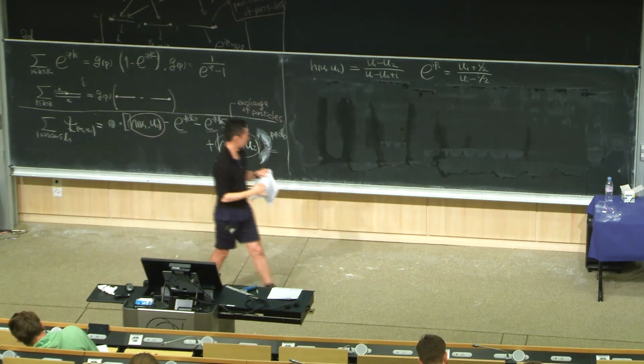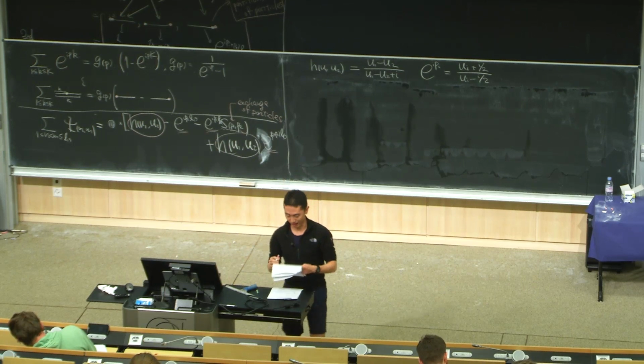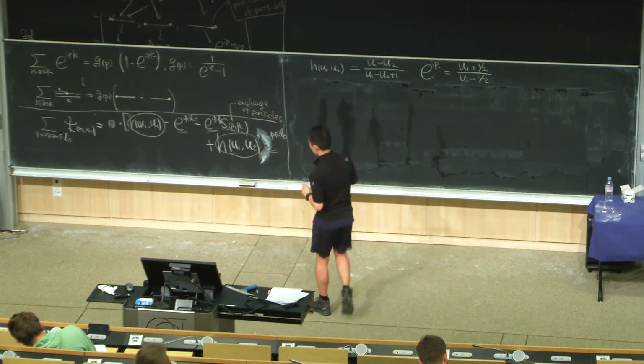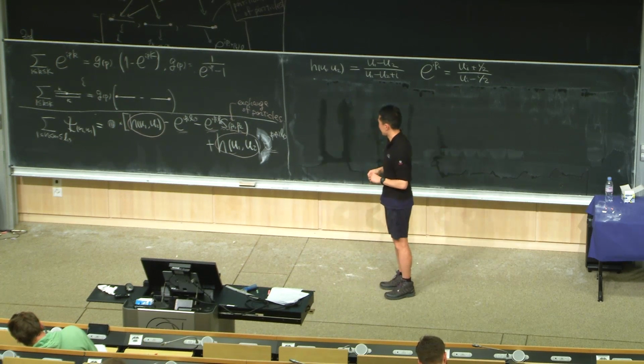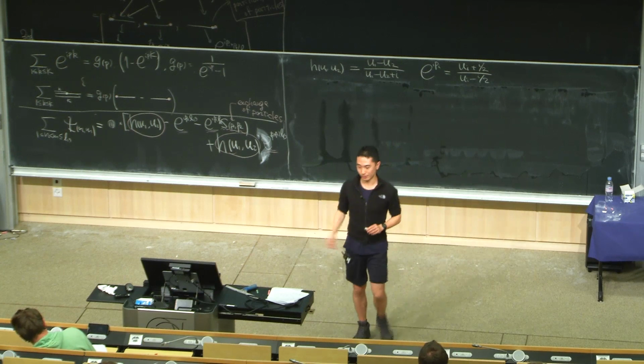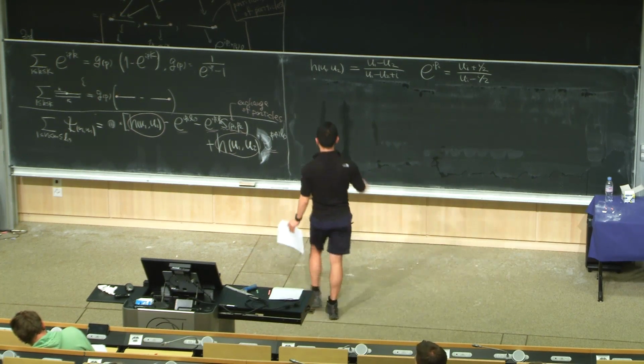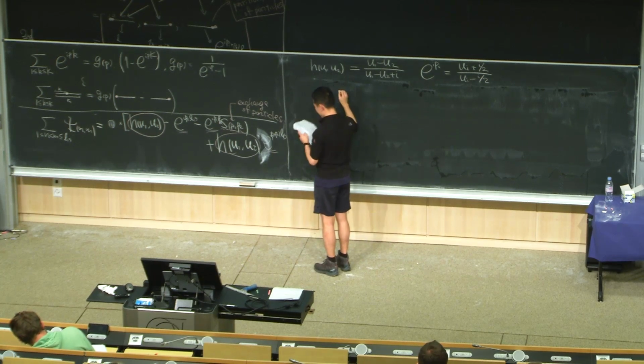And then, okay, so I'm just trying to extract as much physics as I can from this simple computation. But of course, you need to ask whether this structure persists if you consider the multiparticle wave functions. Before doing that, let me just summarize.